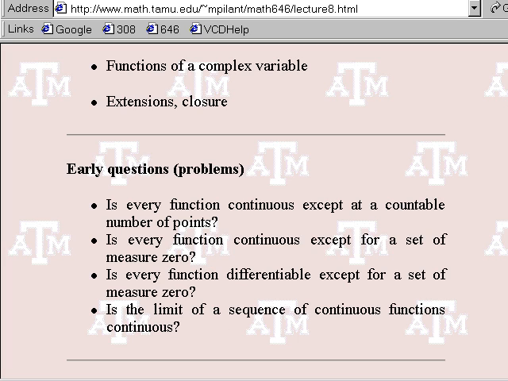If you take a set of points on the real line, if they're discrete points, clearly you can put them in intervals that contain only those points and let those shrink to 0.